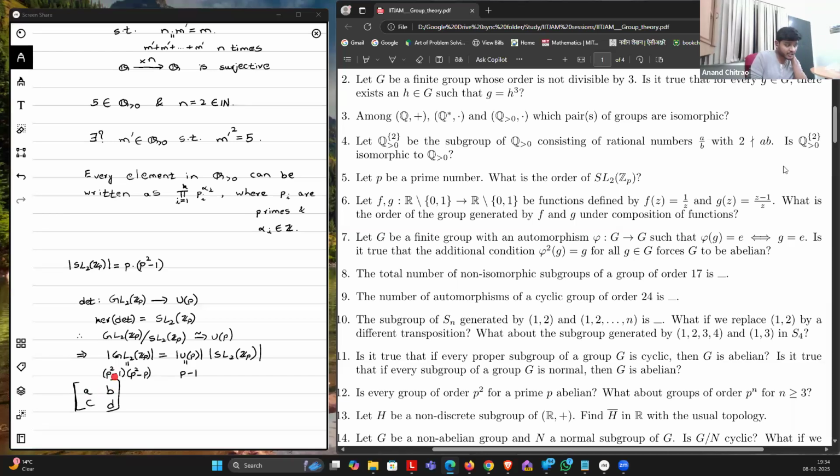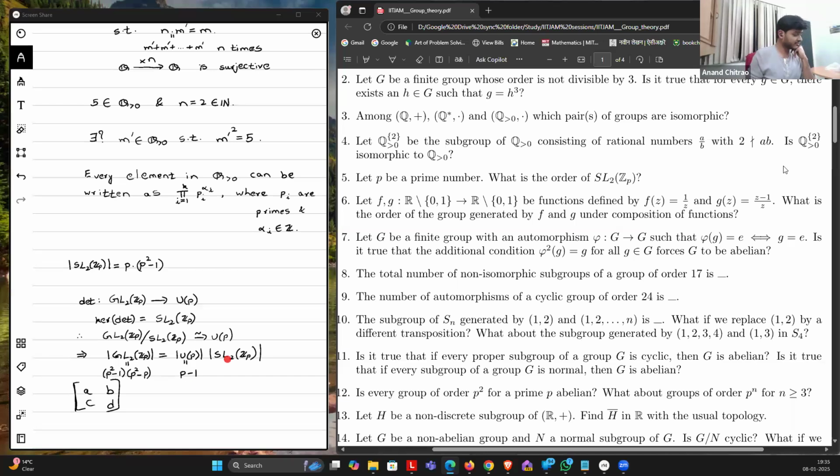So you take away that choice: P square minus 1. And once this row is fixed, for the matrix to be invertible, its rows need to be linearly independent. So the choices for CD are essentially P square minus all the multiples of AB, and there are P multiples of AB. So P square minus P choices for the second row, P square minus 1 choices for the first row. Okay, just a flash of the proof.